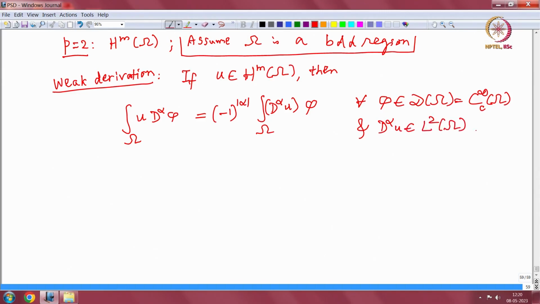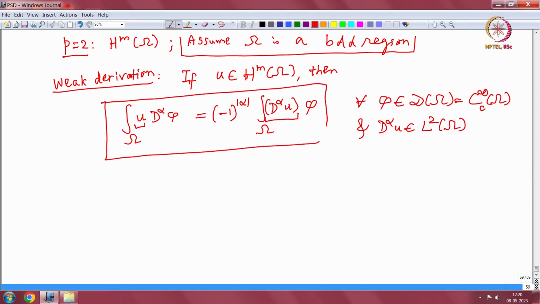So this D^α u, this weak derivative, gets a connection to u only through this relation. This is important. You do not have a pointwise definition of D^α u as it is.